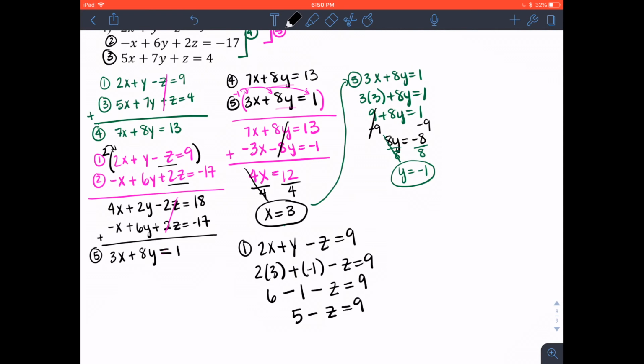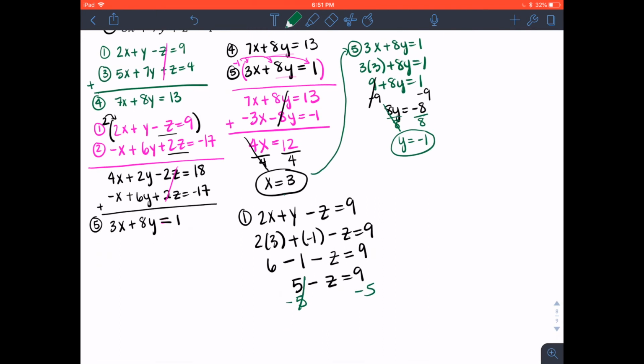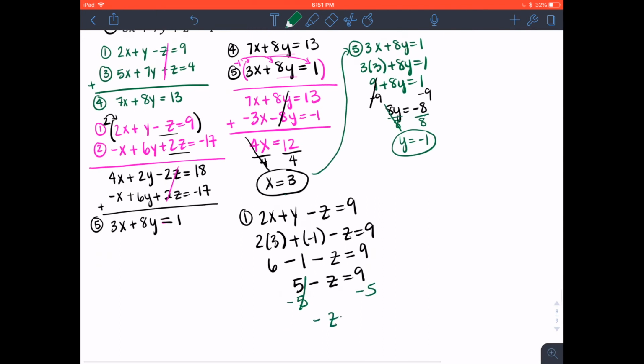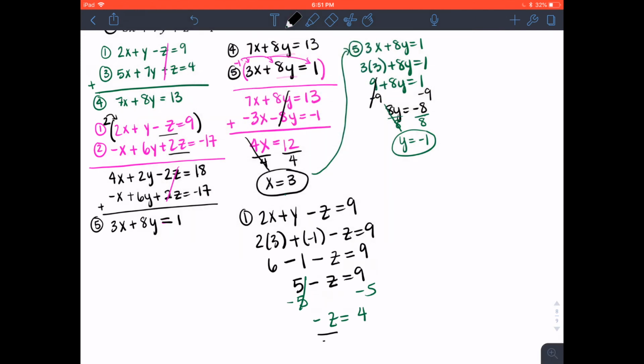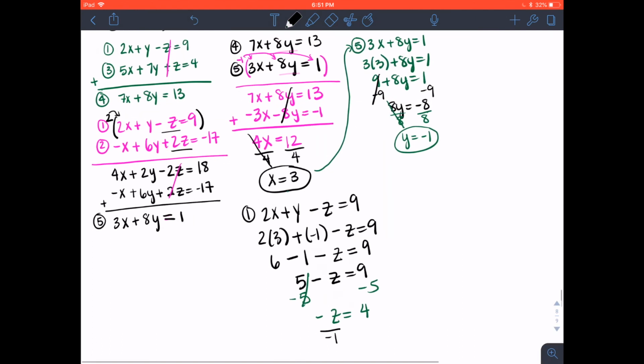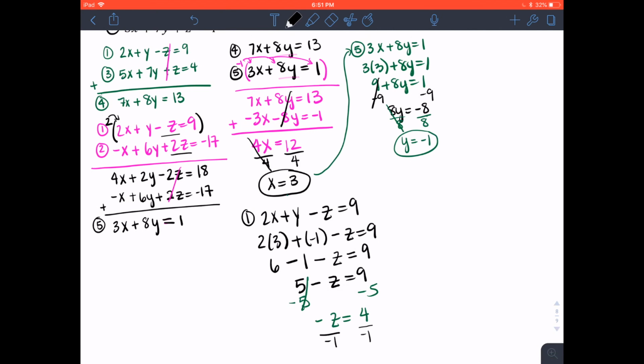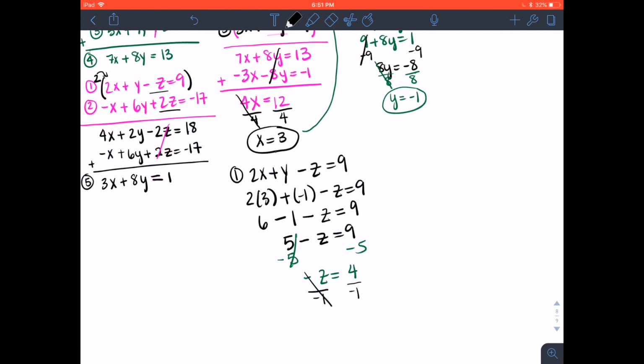So it looks like I need to subtract both sides by 5 to get z by itself. The 5's cancel. And so now I have negative z on this side. 9 minus 5 is 4. And then I need to divide both sides by a negative 1. The negatives cancel, so z is equal to negative 4.